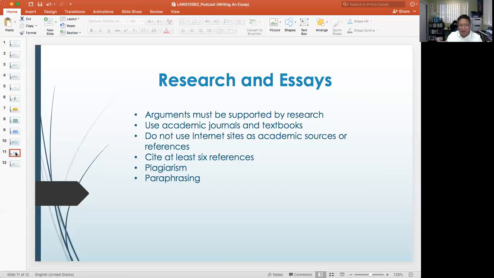If a lot of the body paragraphs are mainly quotations from experts, the student therefore has no original contribution. You might as well get a year 2 student or a year 3 student to copy and paste a quote and put it in an essay. But for a student to say that these are my ideas, the student must at least attempt to paraphrase, to use his own words in expressing or in trying to summarize the ideas of an expert.